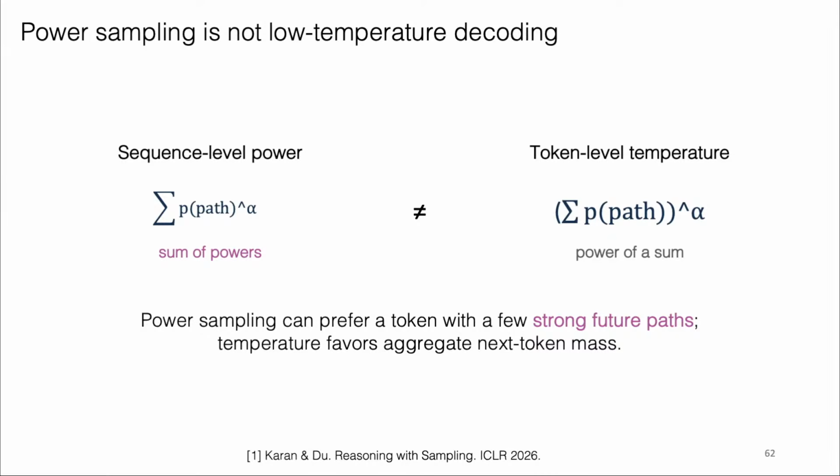So it's just a different term. It turns out that sampling over the entire p(x)^alpha, instead of these exponentiated completions of the probability distribution, works a little better. Essentially, this procedure allows you to pick a token with many different strong possible futures, while low temperature sampling with the autoregressive marginals just prefers to sample a token with a very high next token mass.